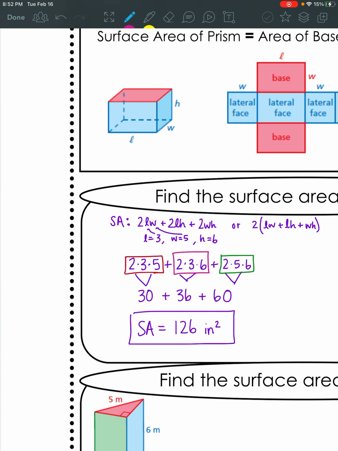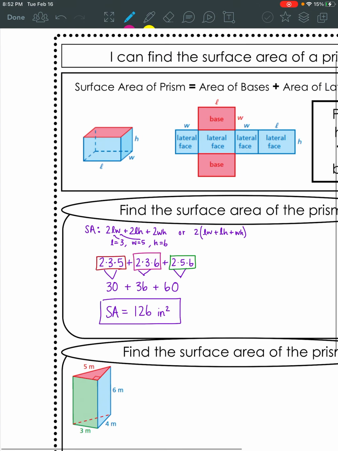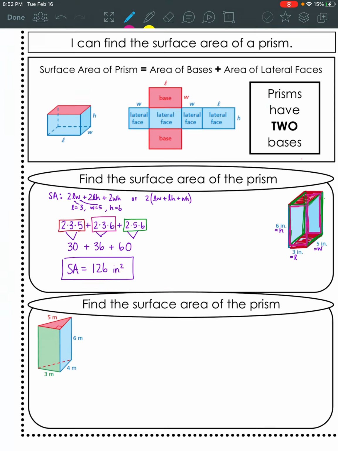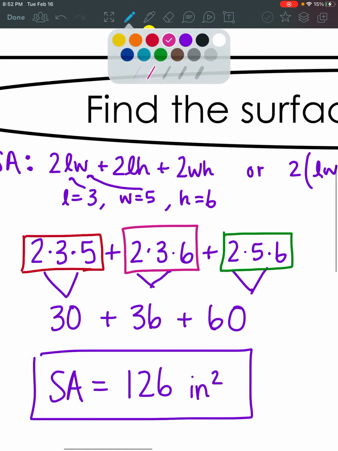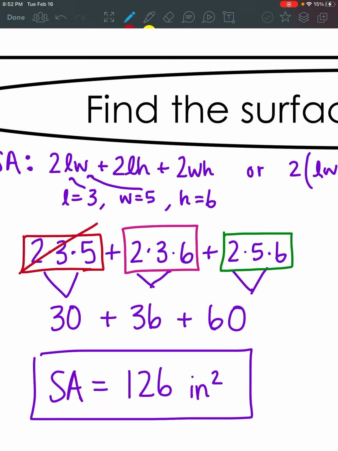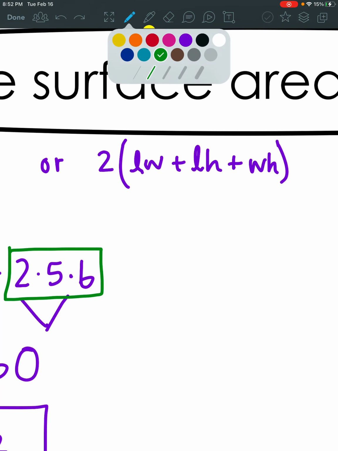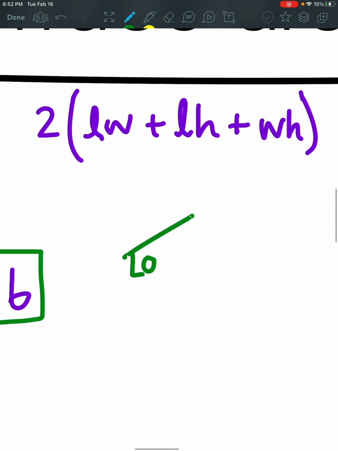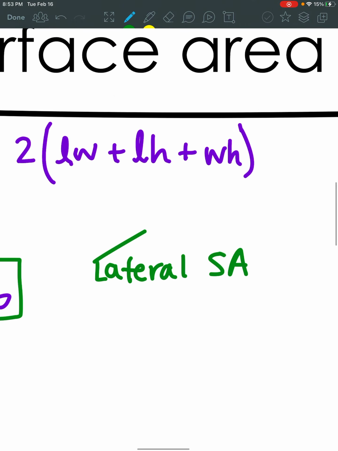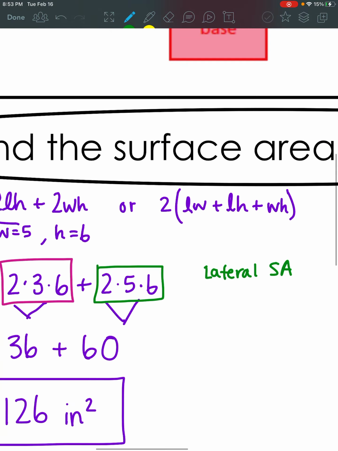So sometimes we may not find the total surface area. Maybe we're just finding the lateral faces, and then we wouldn't count the bases, which was what we had in red. So our lateral surface area would just include the front and the back, and then the right and the left.